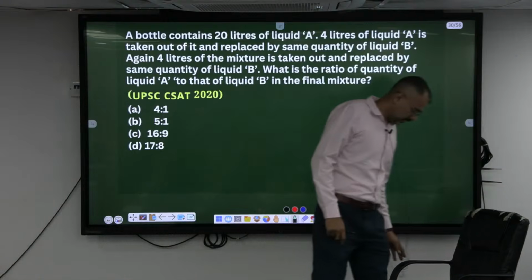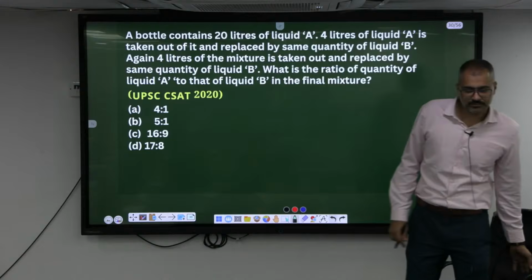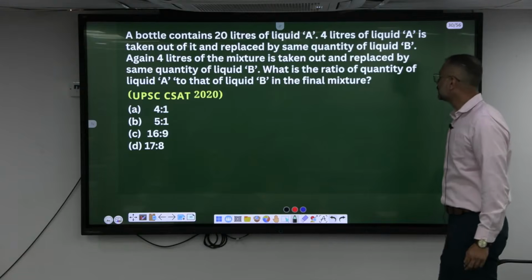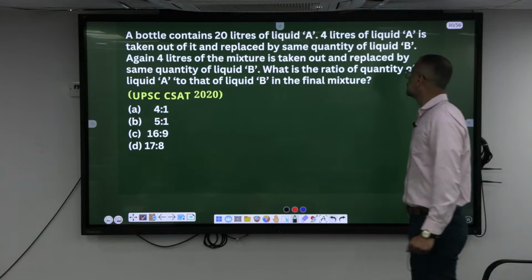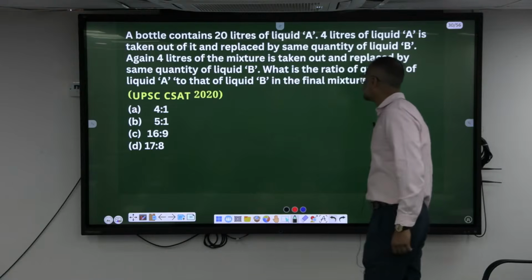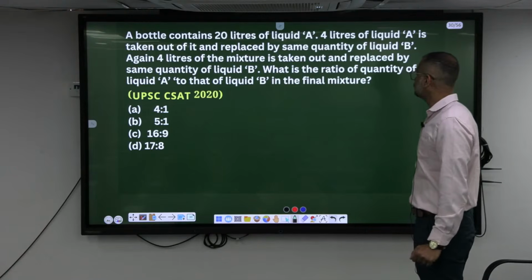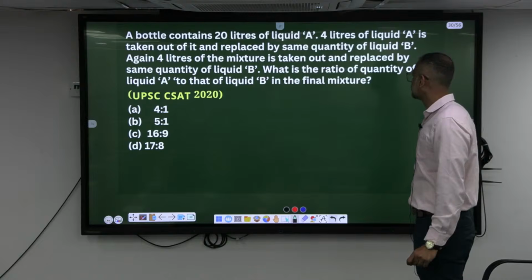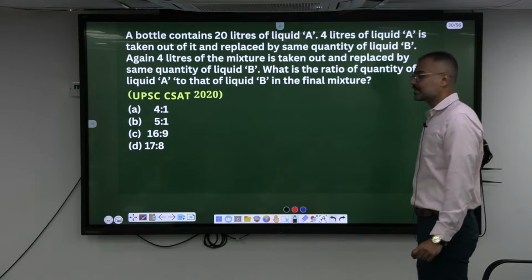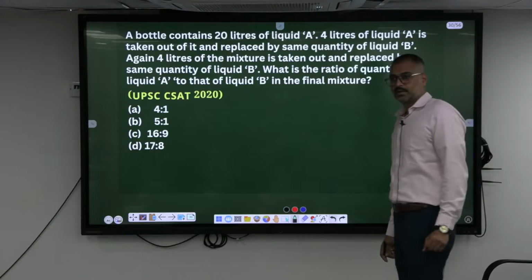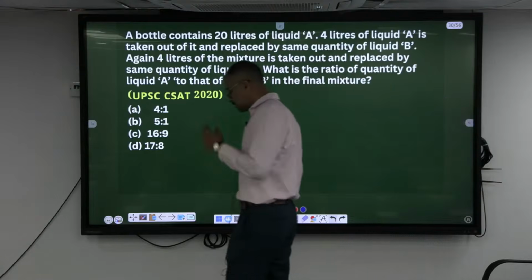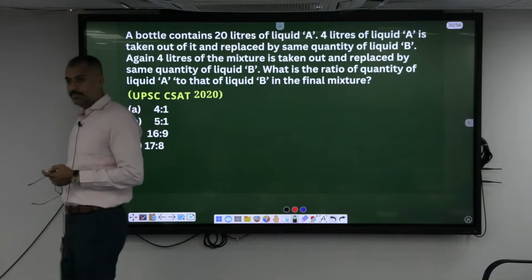See, a mixture question. You can apply the successive method here. It's been done successively.